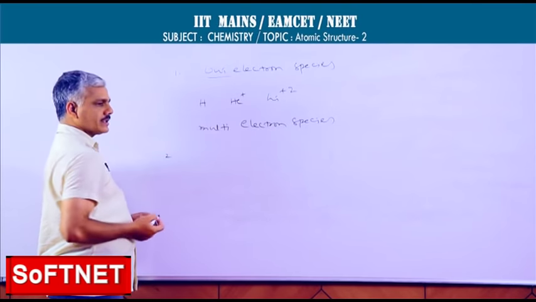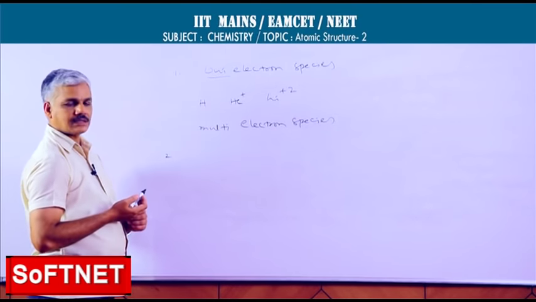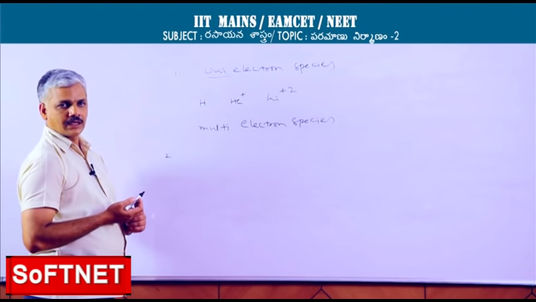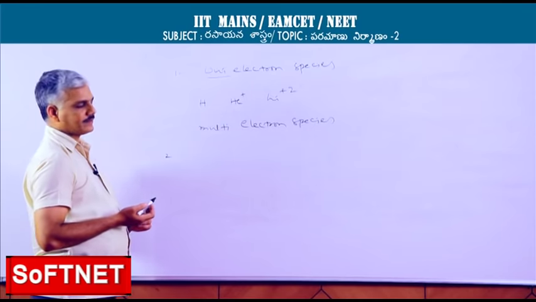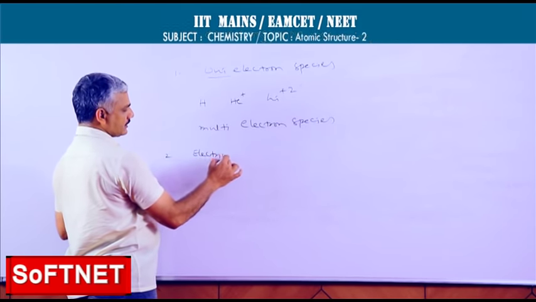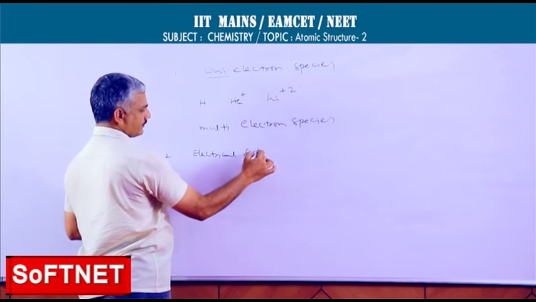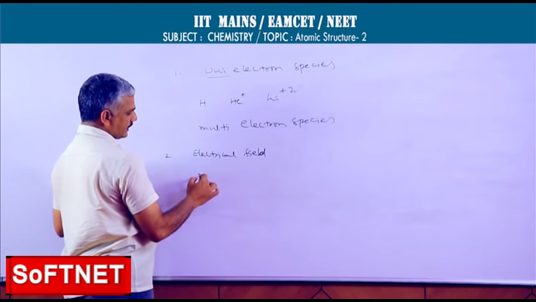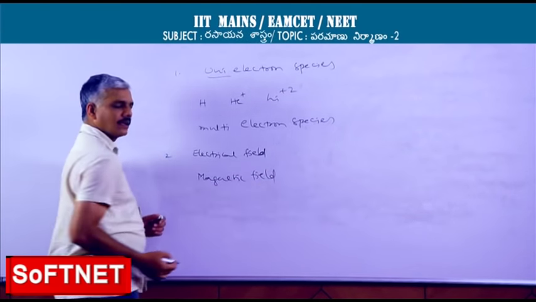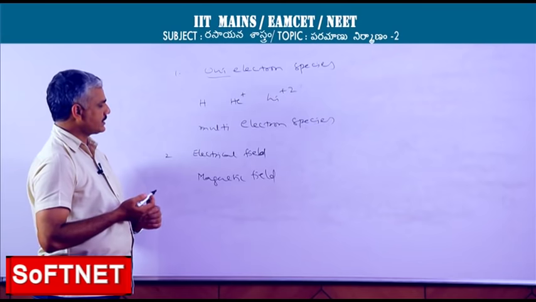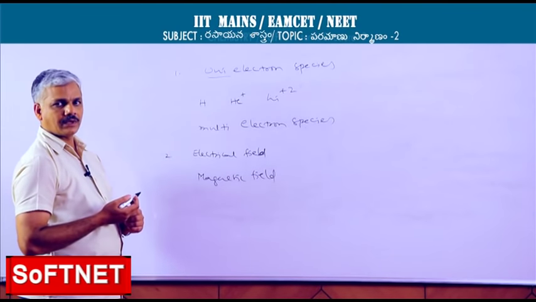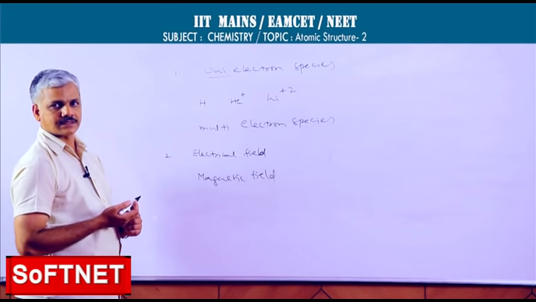Then the second limitation is it explains the various spectral lines formed in hydrogen spectrum. But when the same hydrogen spectrum is observed in the presence of a strong external electrical field or strong external magnetic field, it has been observed that each spectral line gets divided into a number of lines, a pack of lines.